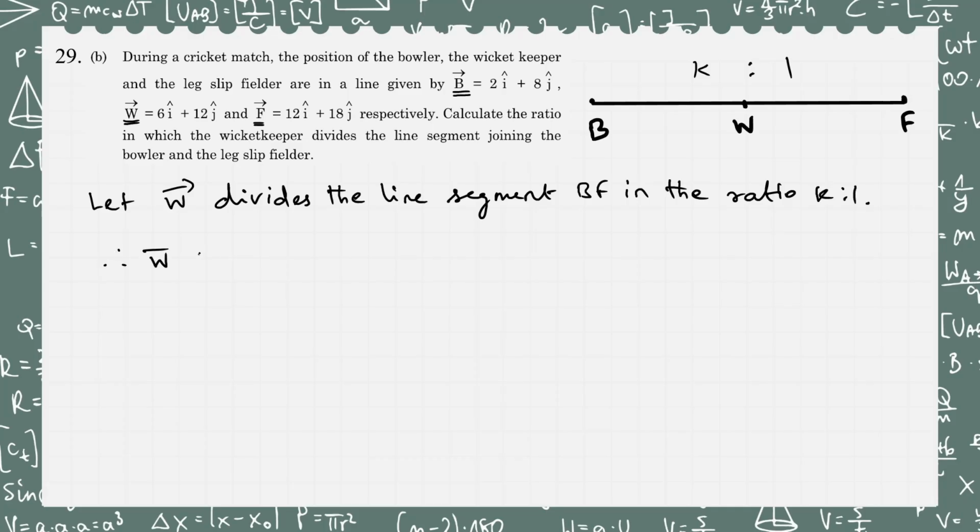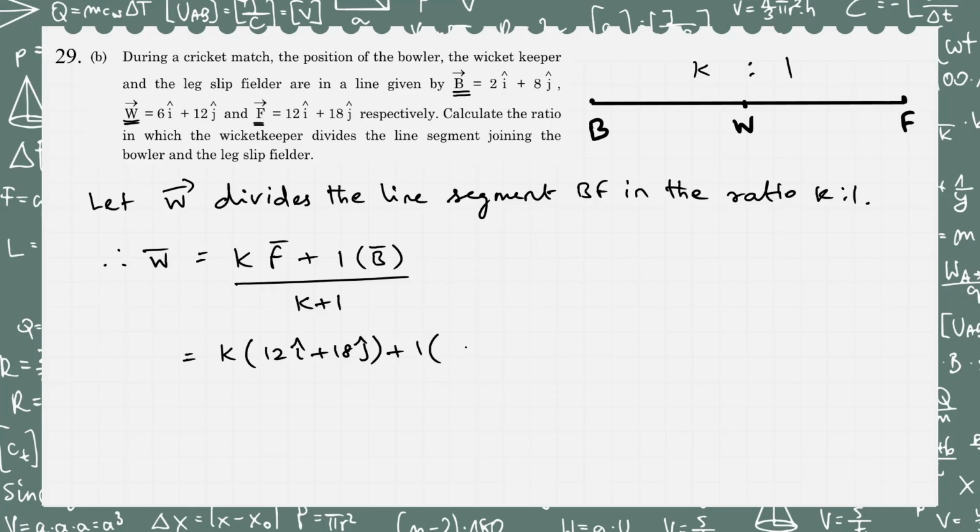Therefore, W will be k times F vector plus 1 time B vector divided by k plus 1. So this will be k times F vector, which is 12i plus 18j, plus 1 time B vector, which is 2i plus 8j, divided by k plus 1. W's value is of course 6i plus 12j.